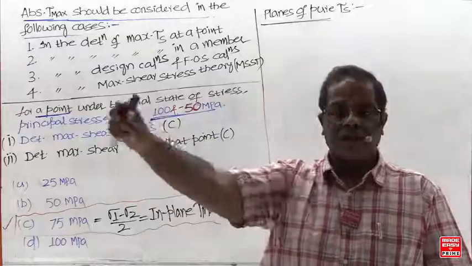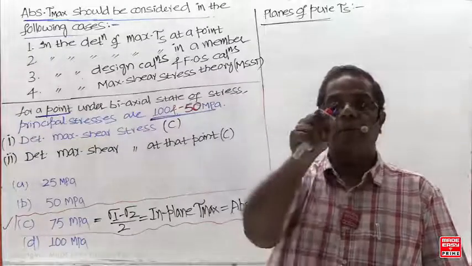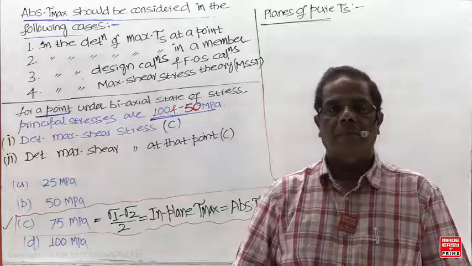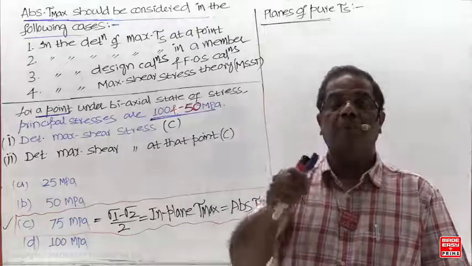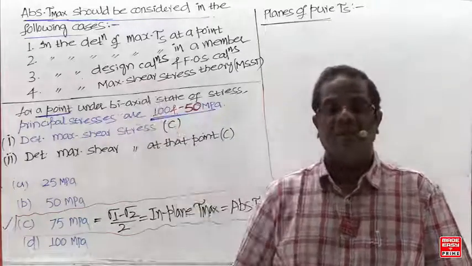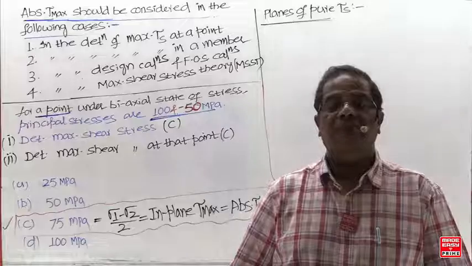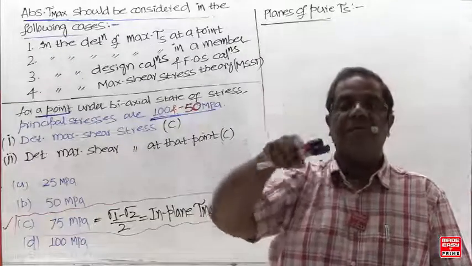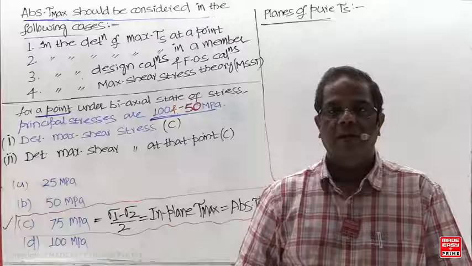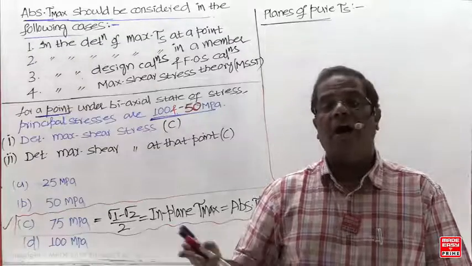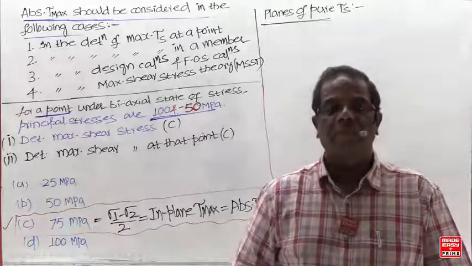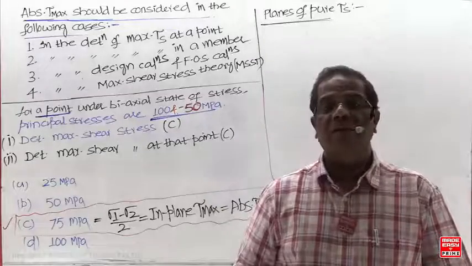Tau max planes exist. Planes of pure shear exist. Planes of pure shear may or may not exist. Then which statements are correct? The first, second, and fourth are correct. Planes of pure shear may or may not exist, and we cannot tell without knowing the numerical values.